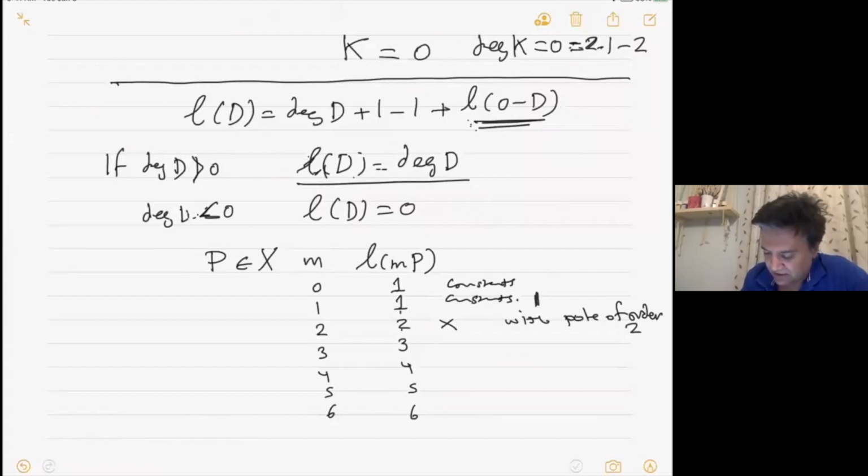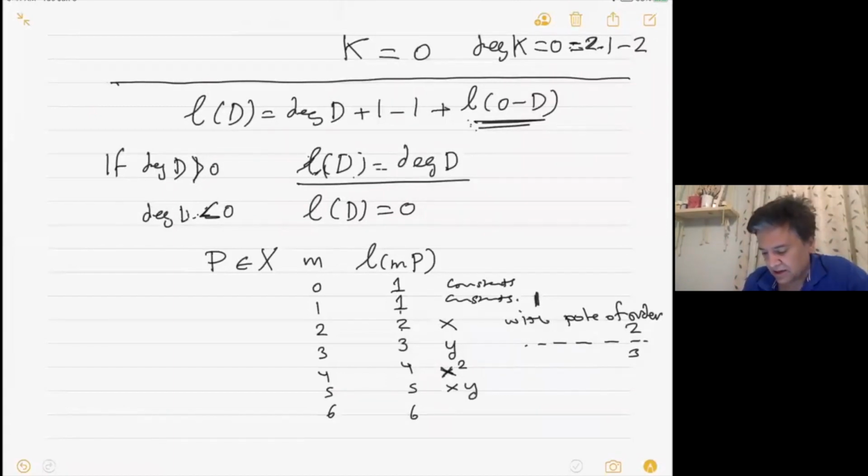So you have y with pole of order 3. Now, if you want pole of order 4, you can construct it out of x. x squared is such a function. And since the dimension is only added by 1, that means the only function that you have of pole of order 4 is x squared. For pole of order 5, you can multiply x and y.